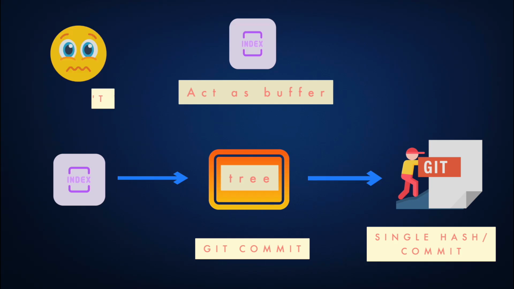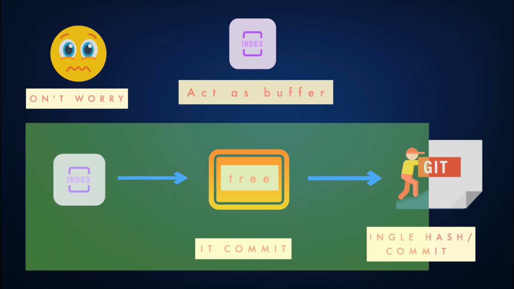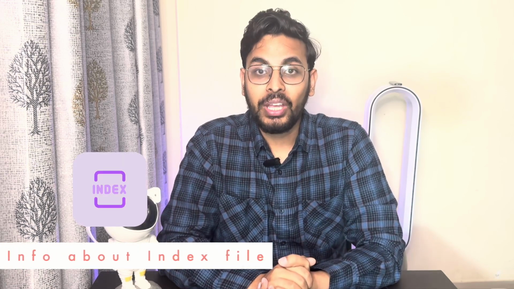Now don't worry about how the git commit command does this and how it creates the tree and that specific single hash; we will study it in detail in upcoming lectures. But I just wanted to give you some info about the index file.